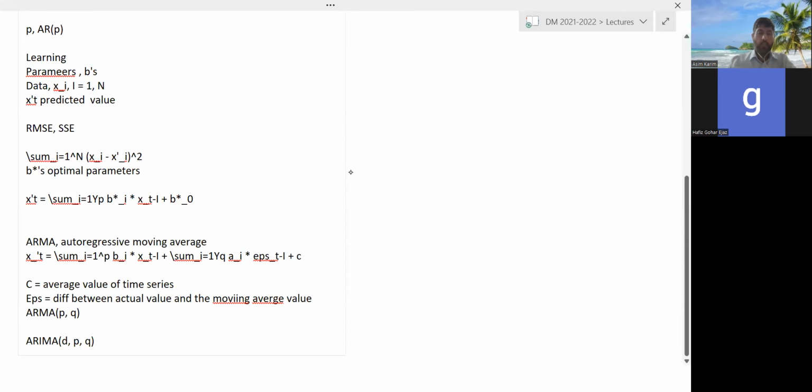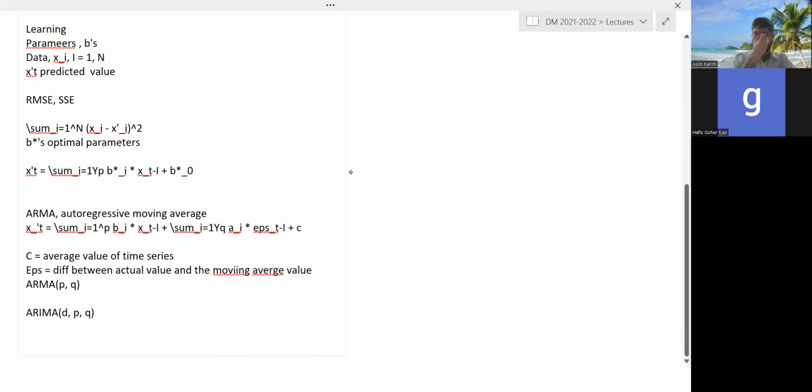So the ARIMA model basically also includes a third parametric model, which is based on differencing. Okay? So usually this can be single or two steps back. So again, the model that you get is very similar.